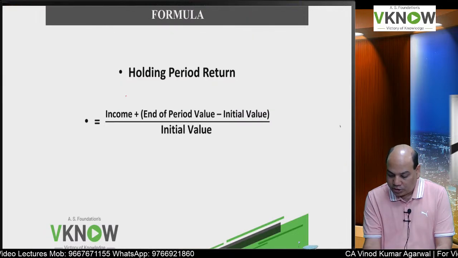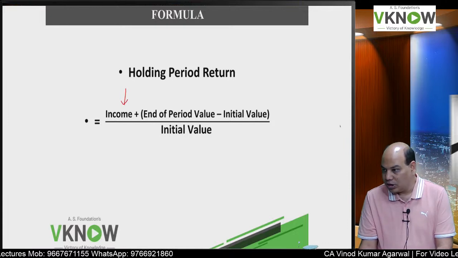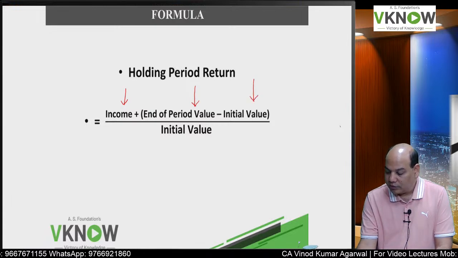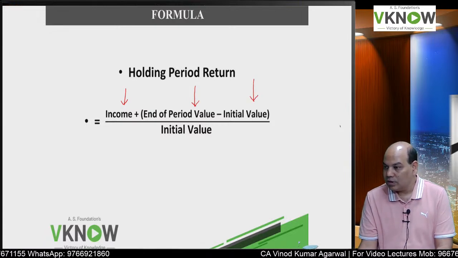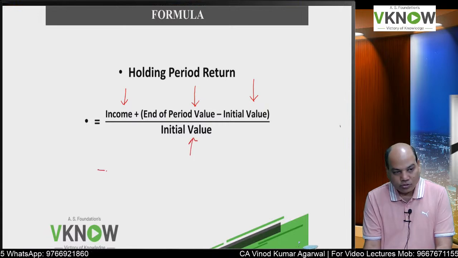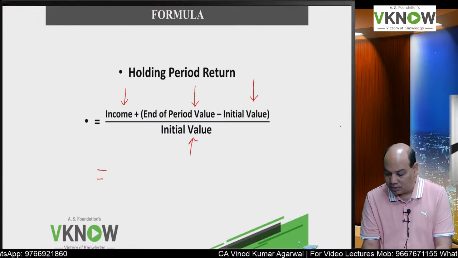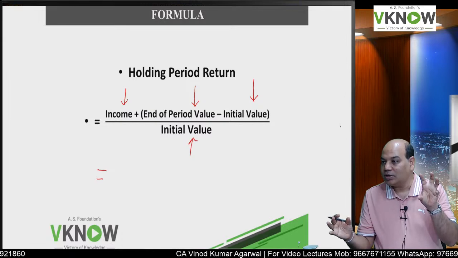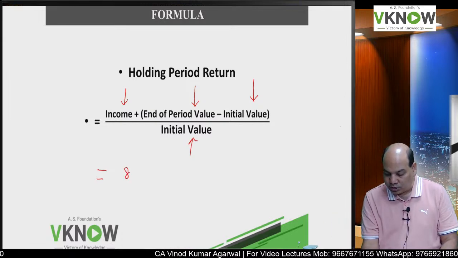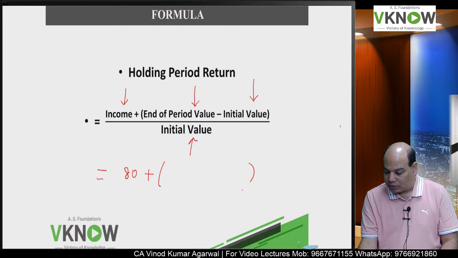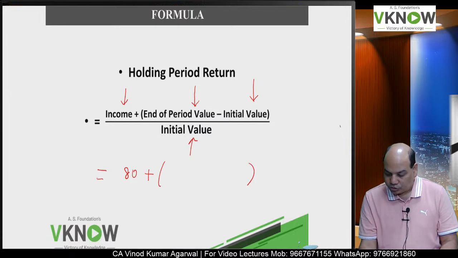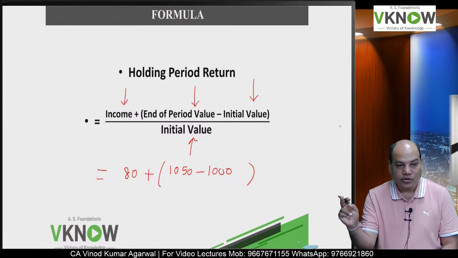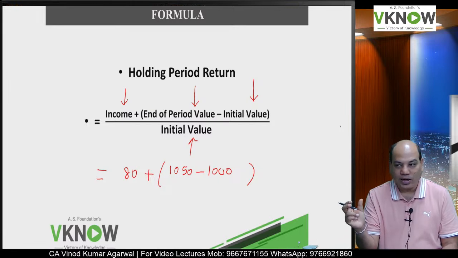And how do you compute it? The formula is what you did just now: income plus end of the period value minus initial value, divided by initial value. So let us check whether this formula is right. When you invest in a bond, there are two types of income you get. One is the coupon income, which was 80. And one is capital gain or loss. You got 1050 and you had invested 1000 rupees, which means 50 rupees was your capital gain.